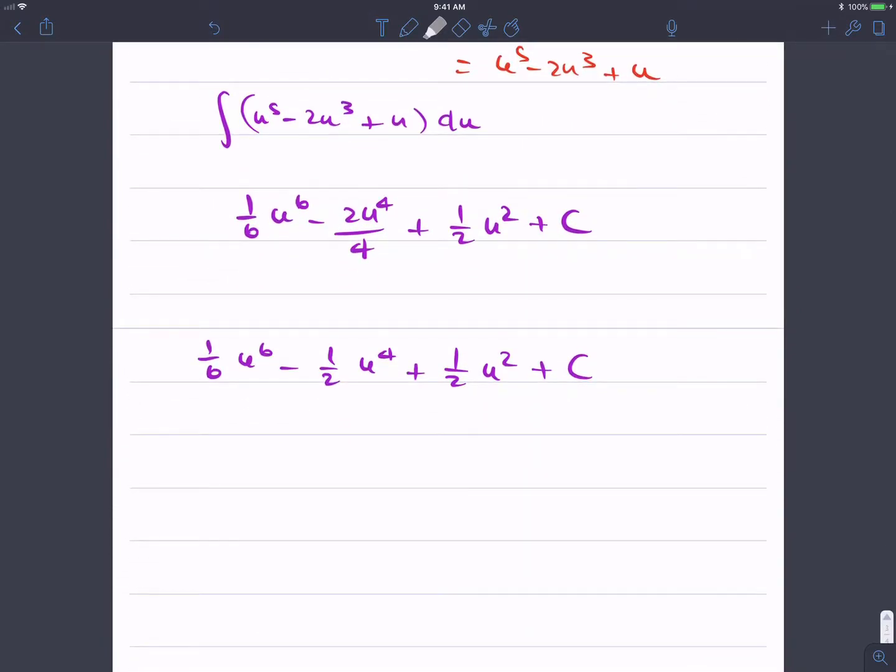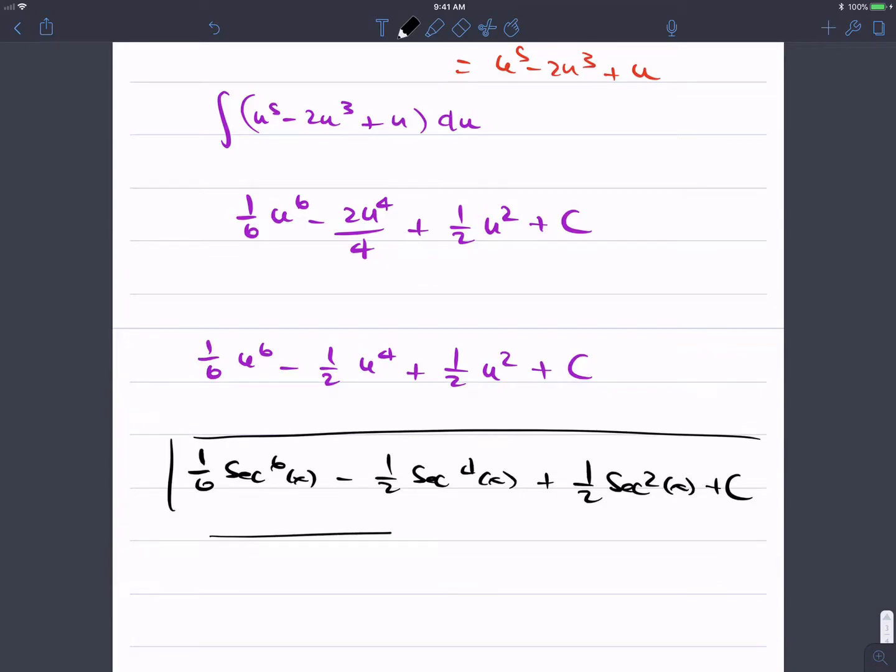So my final answer is going to be the following. Let's put a secant there. 1/6 secant to the 6th power minus 1/2 secant to the 4th power plus 1/2 secant squared plus that constant c. Final answer. And this is how we go about integrating odd powers of tangent.